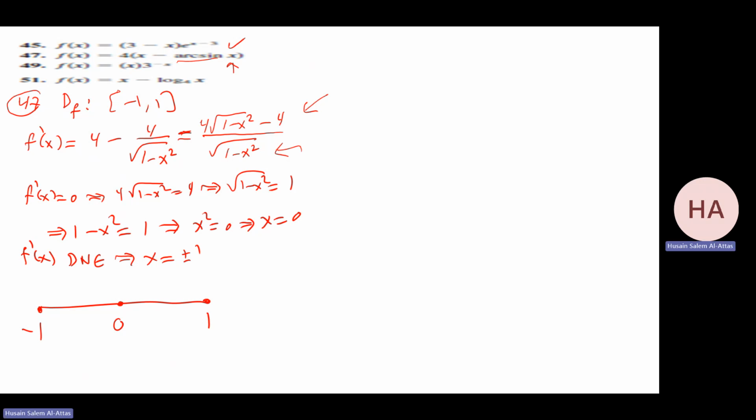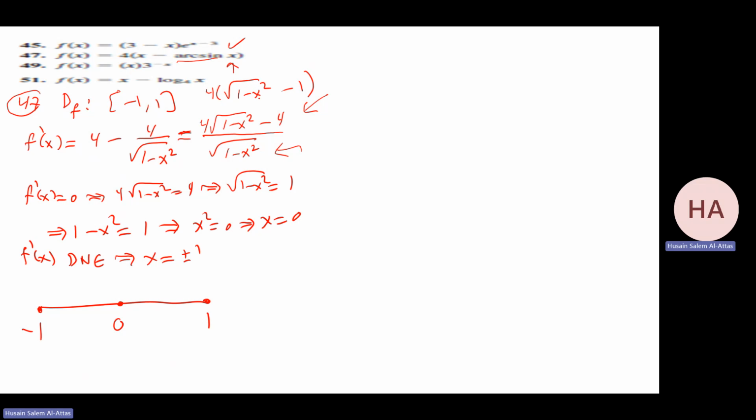You substitute, you get 1 minus 1/4. If you think about it, this is 4 square root of 1 minus x squared minus 1, which is always negative. If you take any value, -1/2 or +1/2, it will be the same, since I'm dealing with x squared.